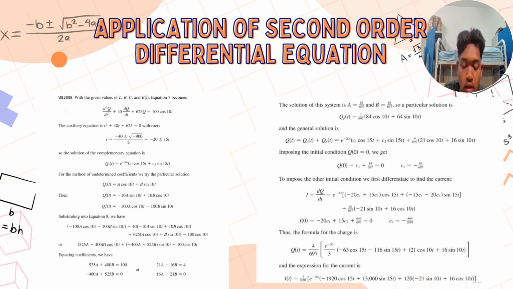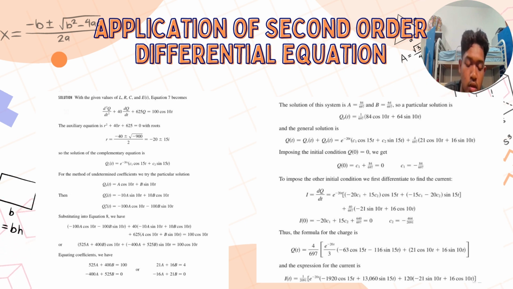So we let I(0) equal 0, which gives negative 20 C1 plus 15 C2 plus 640 over 697 equals 0. So we get C2 equals negative 464 over 2091.